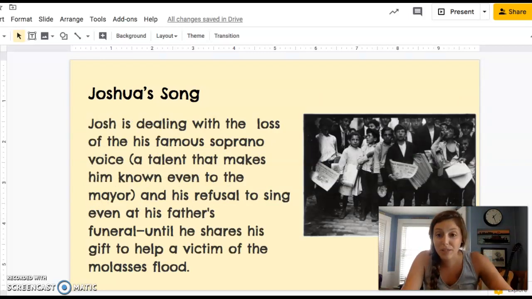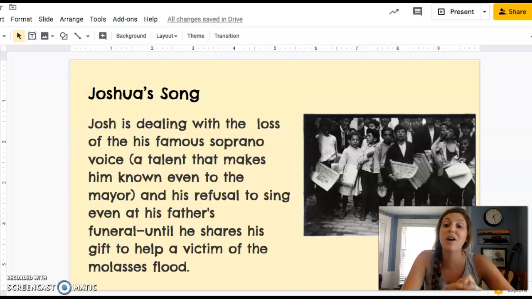Throughout this whole story, you're going to see Josh traveling as the newspaper boy, but he's also dealing with some other issues. He's dealing with the loss of his famous soprano voice, which is a talent that made him known even to the mayor. And he refuses to sing even at his dad's funeral until he shares his gift to help the victims of the molasses flood.